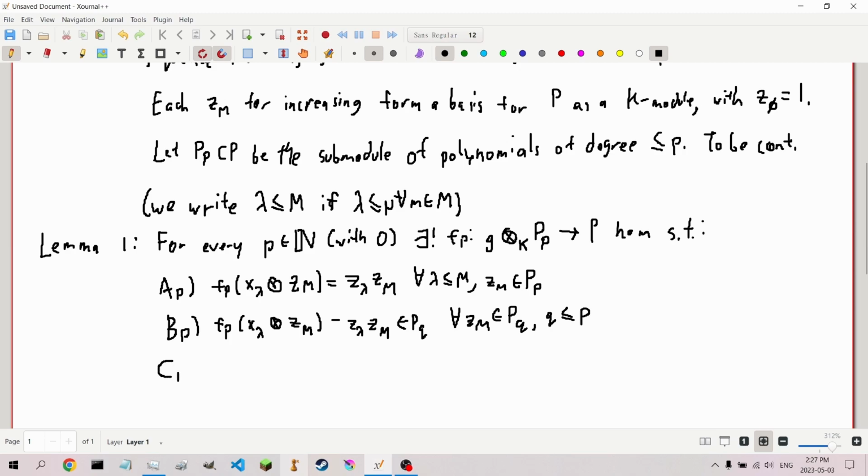And our third and final condition here, CP, is that Fp of x lambda tensored with Fp of x mu with Zn essentially gives you Fp of x mu tensored with Fp of x lambda tensor Zn.